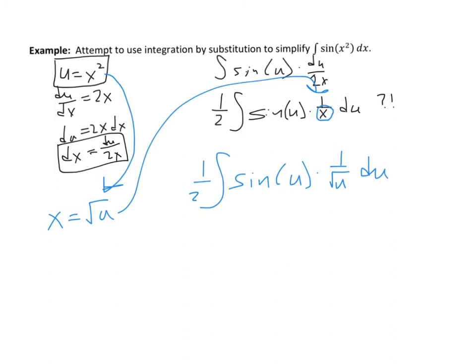And at this point, yay, you've successfully replaced all of the x's with u's, but this integral is still terrible. It isn't like the previous one where I could do some algebraic manipulation to make this something that I can take the integral of. This is still sine times some square root of u in the denominator. There's nothing we can do to take this integral right now.